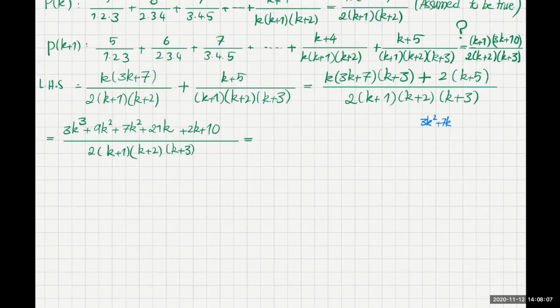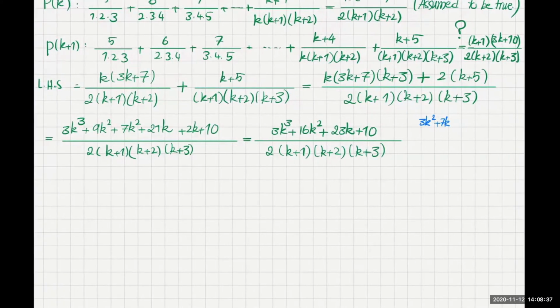So here I just write 3k to the power of 3 plus 9 and 7 becomes 16k squared, and then 21 and 2 becomes 23k, and then I have a 10 at the end, and then you see what's my problem here. So this becomes over 2 times k plus 1, k plus 2, k plus 3. Okay, but of course it is still not equal to the right-hand side.